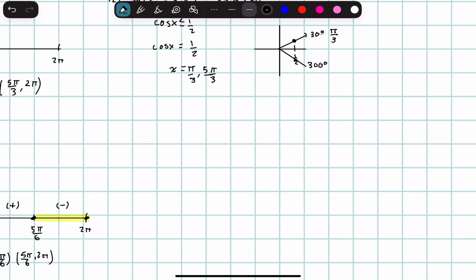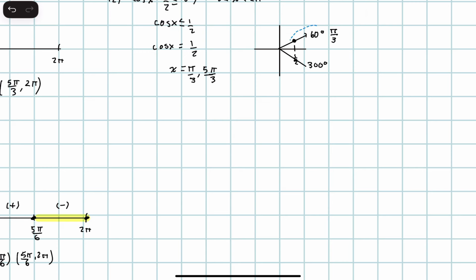Oh, sorry, I meant to write 60 and 5 pi over 3. Okay, I drew that a little weird.